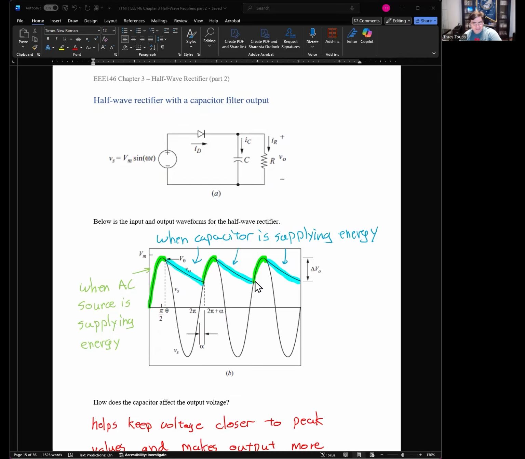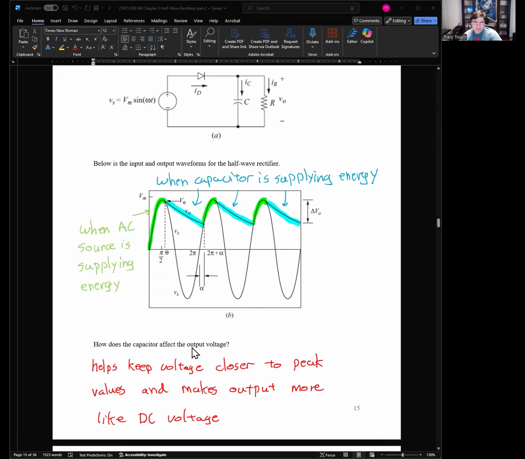And now your output voltage is kind of this high point, middle point, high point, middle point, which is much better than going from high to zero, okay? And that's a huge help on the output. A capacitive filter on any rectifier is almost mandatory if you truly want a near DC output voltage, okay?